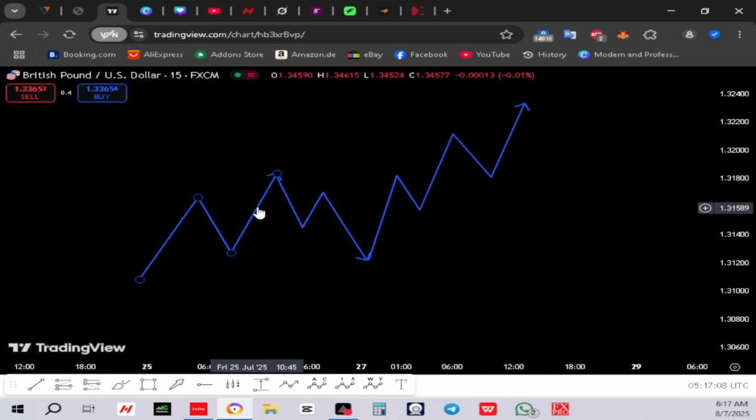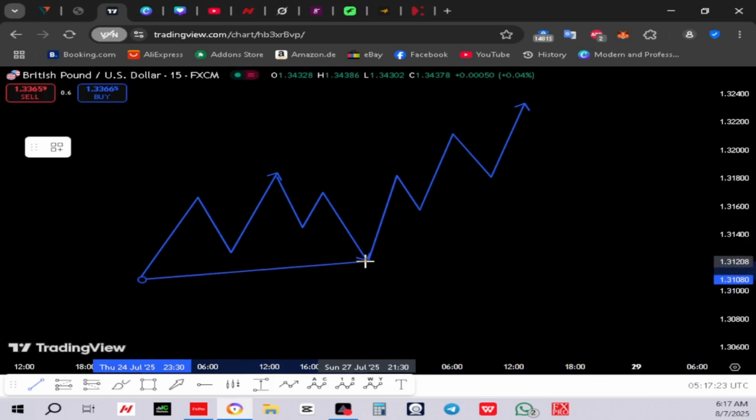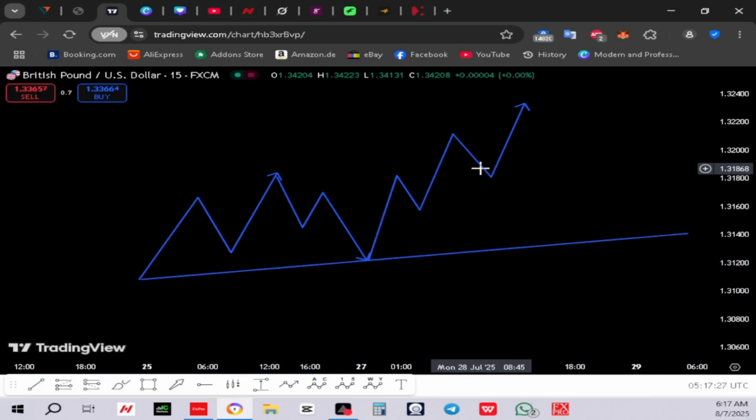I know that I have an uptrend, a downtrend, and the entire structure here is an uptrend structure as well. So my point of interest will be my major key levels, from this low right up to this other low here. This is going to be my trend line, and drawing the trend line on that position is very effective.